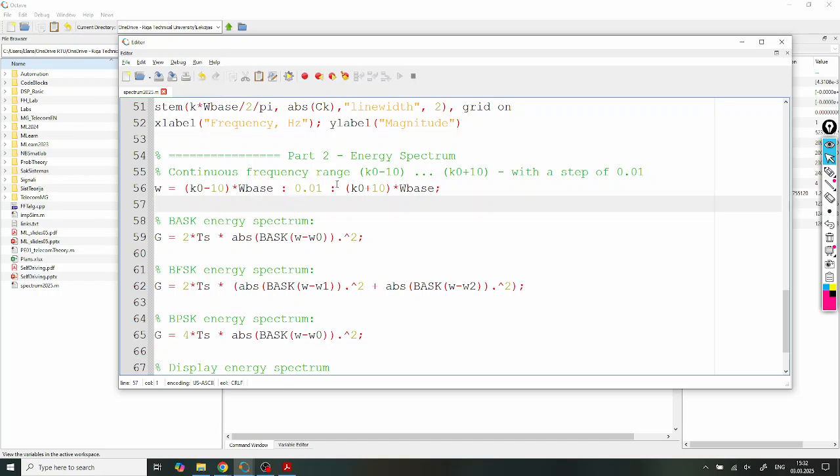So what I'm going to do instead here is to say I'm going to factor out this omega base, like so, so that with this step I go through k values, and then the final result is going to be scaled with omega base.